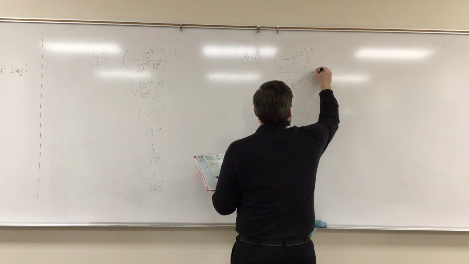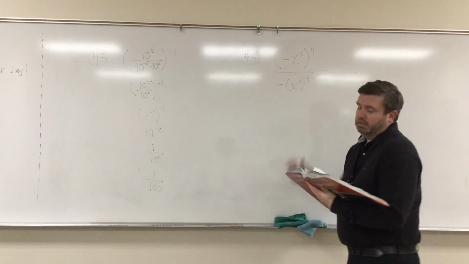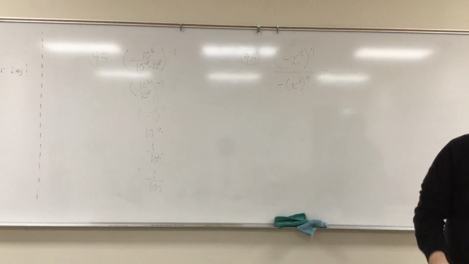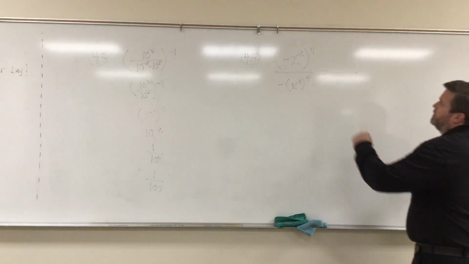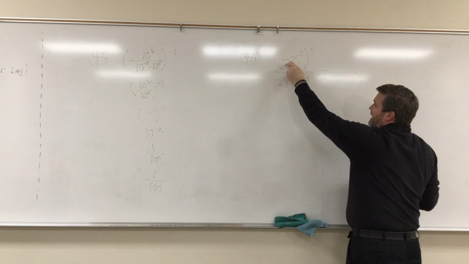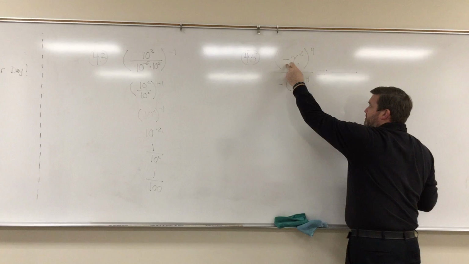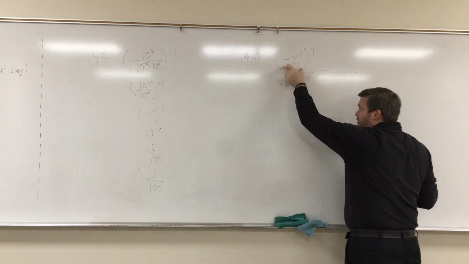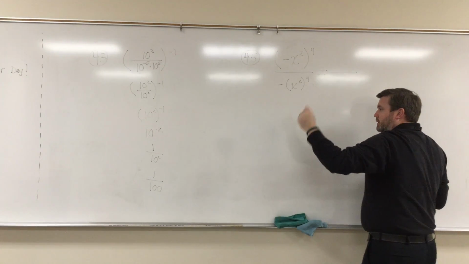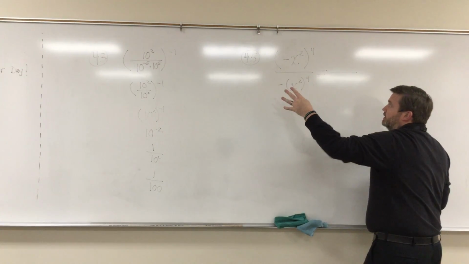All right, I like this one. It kind of teaches us or reinforces the difference between the negative being on the inside and on the outside. So here we have the 4 is touching the parentheses, and inside the parentheses is the negative, so the negative is part of the base. So we have 4 factors of a negative base: negative, positive, that's going to end up being positive.